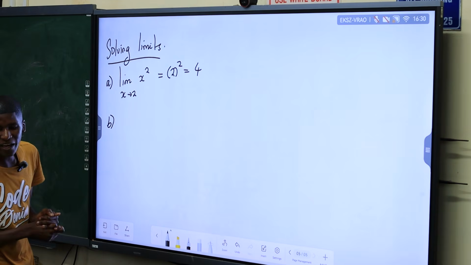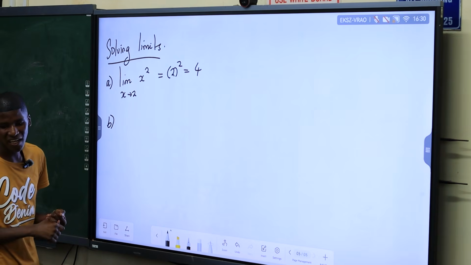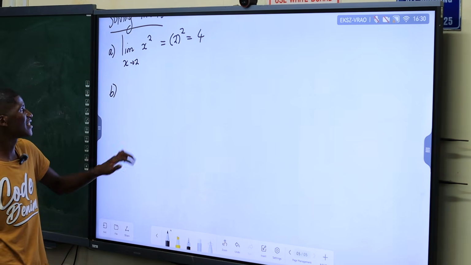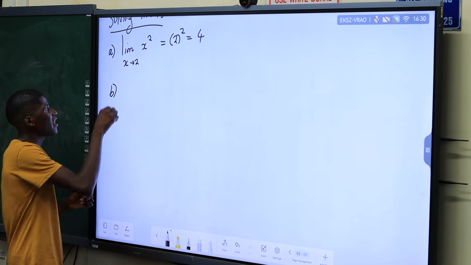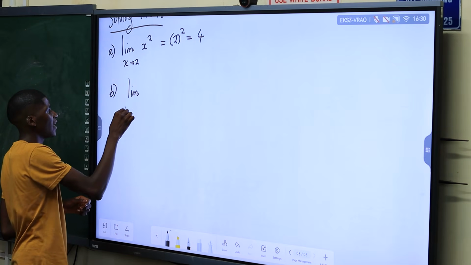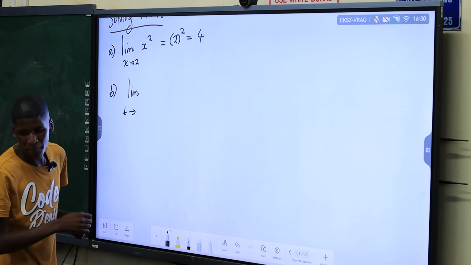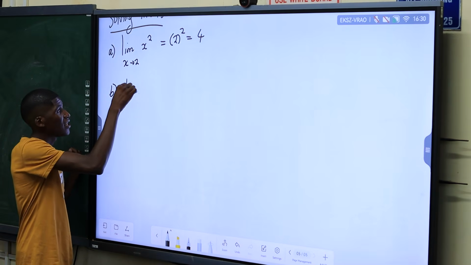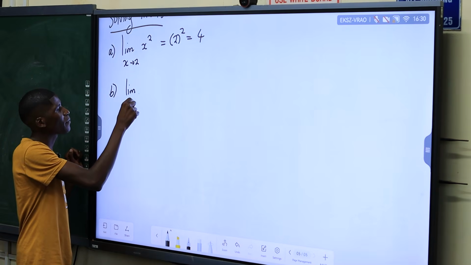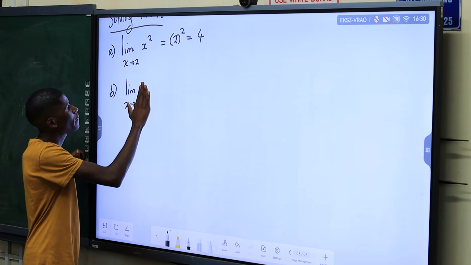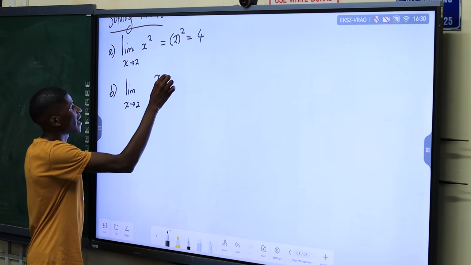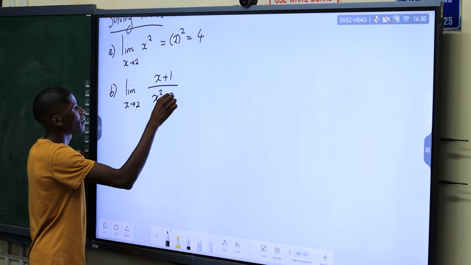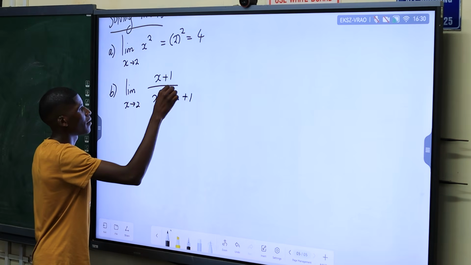For example, number 13 in your tutorial. Let's take a simpler one: the limit as x approaches 2 of x plus 1 over x squared plus 2x plus 1.